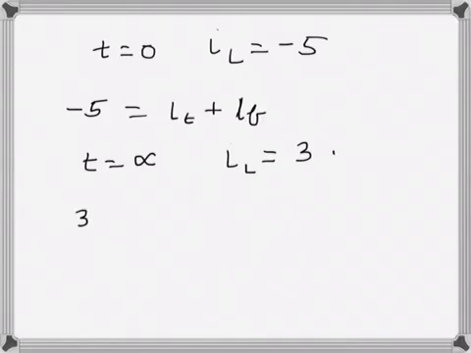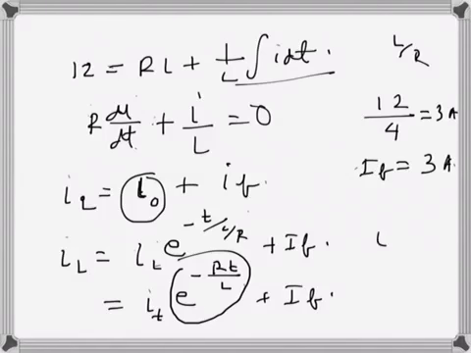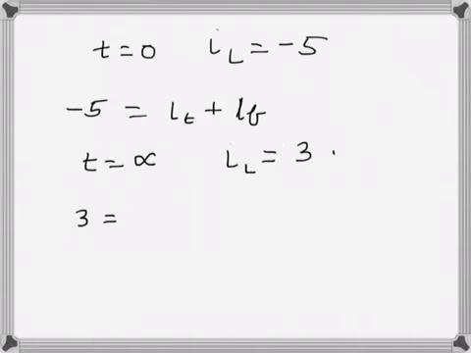So we can write 3 here, and when t tends to infinity, this part becomes 0, because the exponent is minus Rt over L, so this is 1 over infinity. So we have only the other component, the final component.